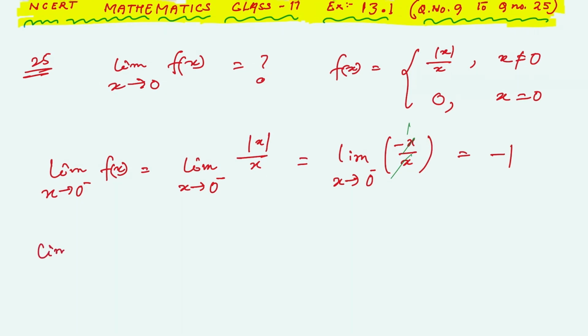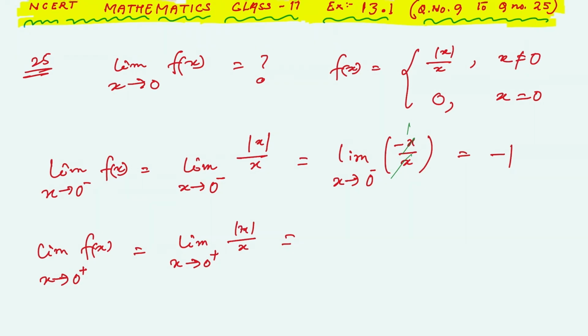So the limit of f of x as x tends to 0 positive, that means the right hand limit. So x tends to 0 positive, so here we have to write mod x by x.